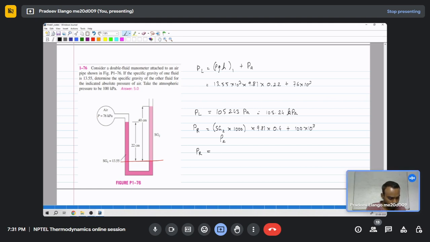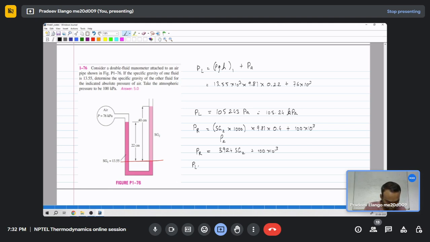So now we will have it in terms of SG2: 3924 into SG2 plus 100 into 10^3.